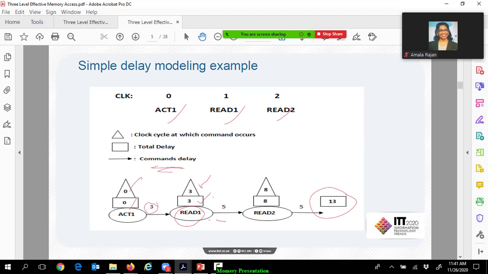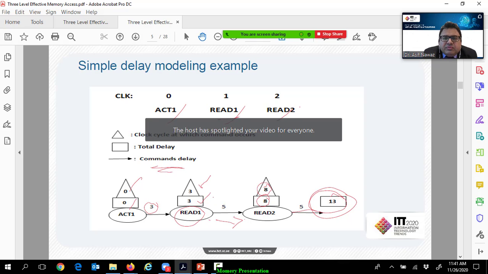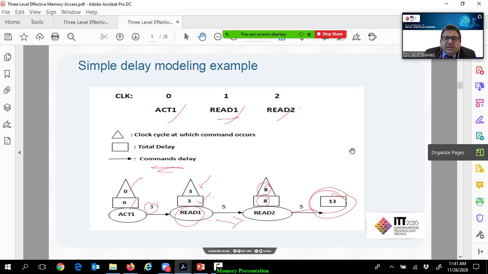Now this command also takes 5 clock cycles. So here we have the 8th clock cycle, and 8 is the total delay. Then if the delay is 5, 8 plus 5 is 13, so to execute these two commands, read 1 and read 2, we are going to have 13 clock cycles of delay.